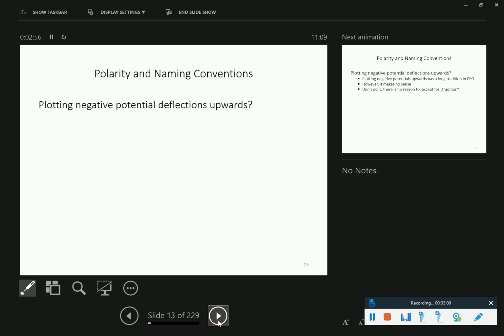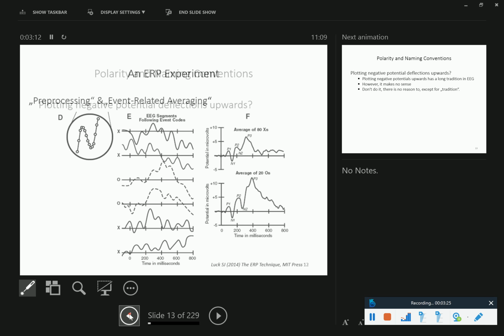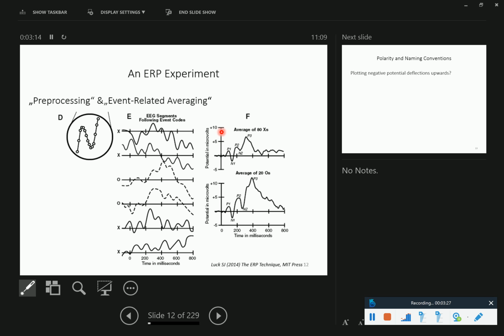Maybe you've seen that in talks and maybe you've seen that in papers, there is this tradition of plotting event-related potentials the other way around, so plotting negativity upwards. So here, of course, positivity is plotted upwards like always, but sometimes you have this -5 above here and plus, and then they always tell you, yeah, negativity is plotted upwards here.